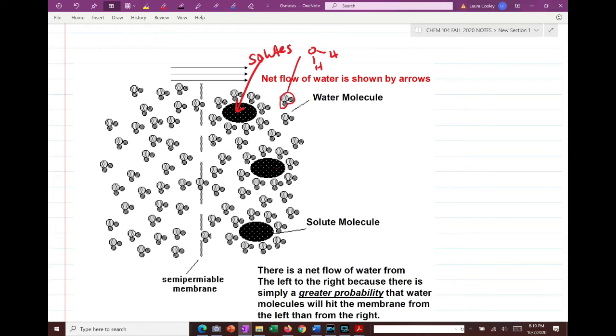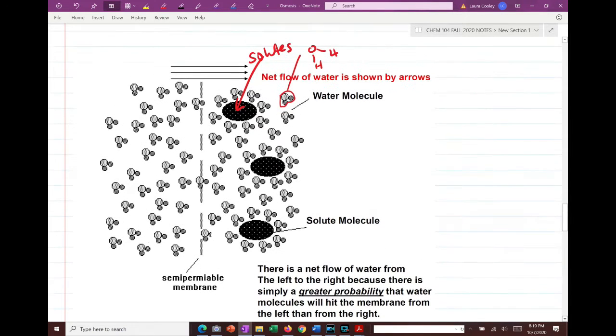Even a chloride ion is pretty large compared to water, its molar mass is much greater than that of water. So here's our semi-permeable membrane. And these water molecules will hit this membrane with sort of random motion. But the fact is that these big solute molecules prevent the water molecules from hitting that membrane as often. So they kind of interfere.